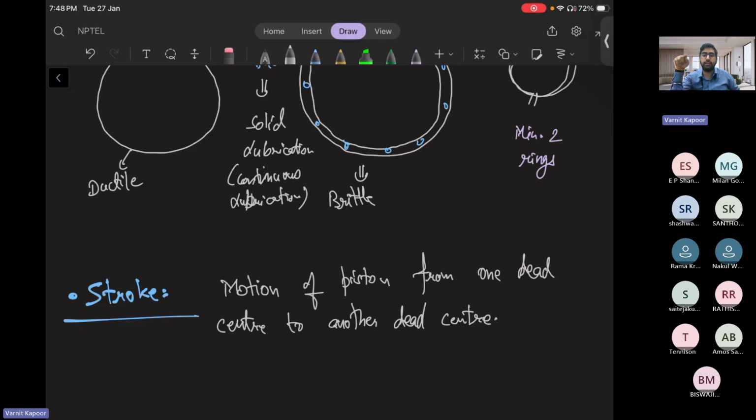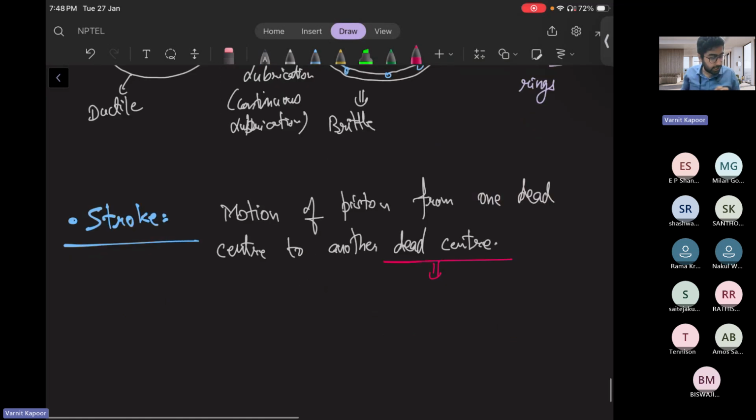So it is a dead center because velocity is equal to zero at that instant, and the motion changes direction because acceleration is still there.